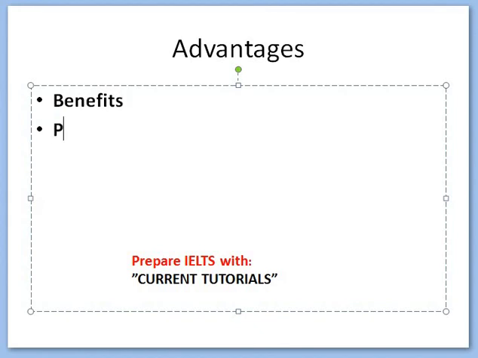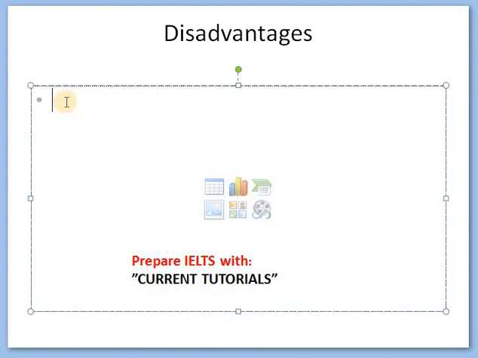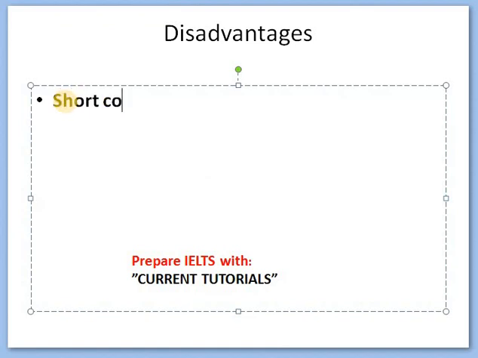Next one is pros, merits, favorable conditions, you can say. Disadvantages is same as shortcoming, cons and demerits.